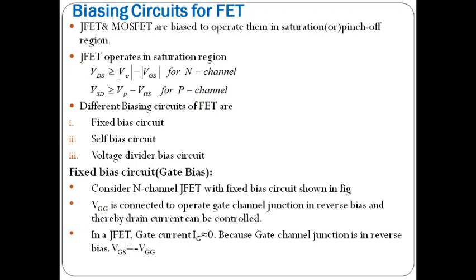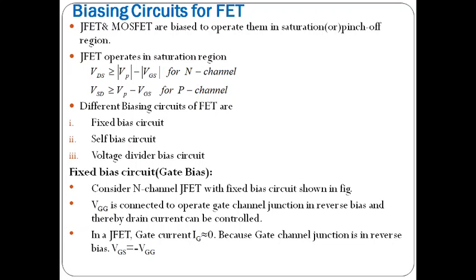JFET and MOSFET are biased to operate in the saturation or pinch off region. Why? Because to operate FET as an amplifier, we must keep the operating point in the saturation or pinch off region.